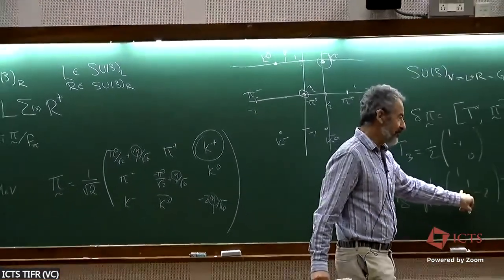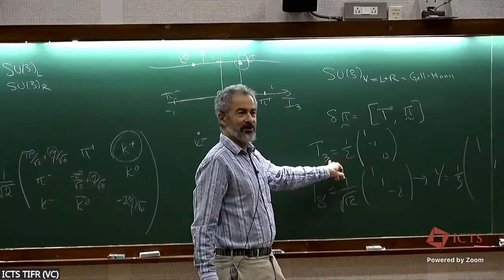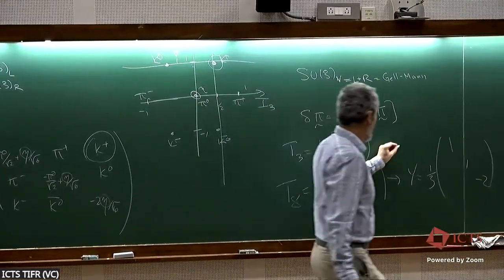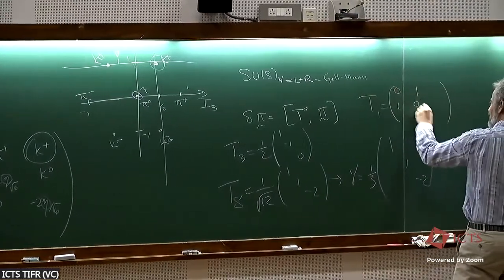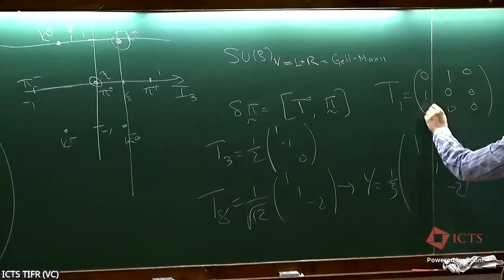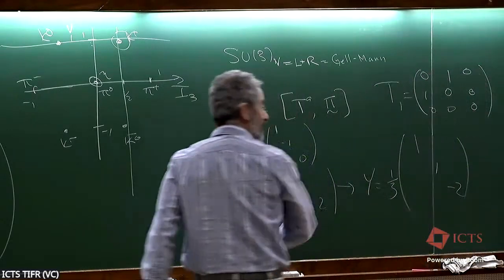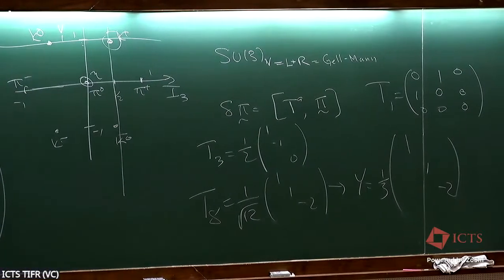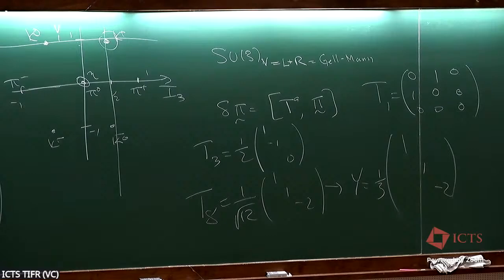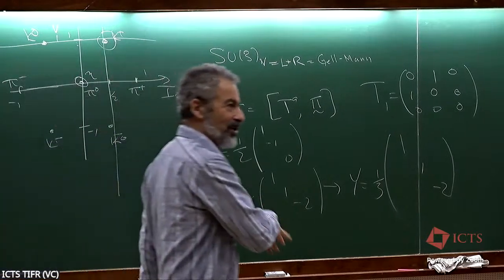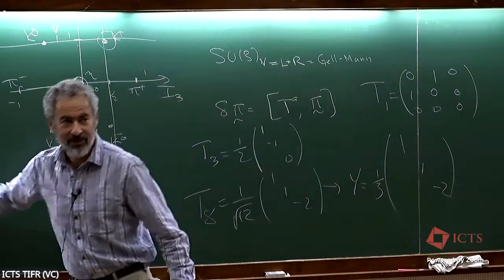The T8 matrix commutes with not just T3, but all of the isospin generators, like T1, which is 0, 1, 1, 0, 0, and so on, T2. So they all commute with a matrix like that. Therefore, it must be an isospin singlet. There's only one isospin singlet on this picture here. It's the eta. So you can map out very carefully exactly why these particles are mapped onto that matrix.